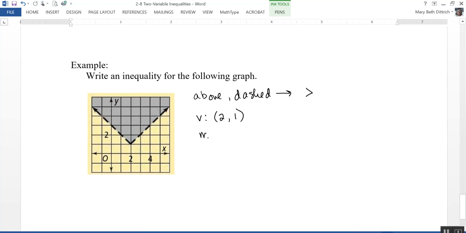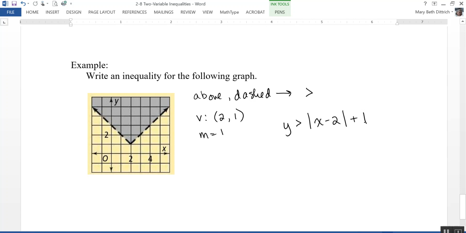And it looks like the slope of the right-hand side appears to be 1, so that's good, so I don't have an a. So my inequality is going to be y is greater than the absolute value of x minus 2, because remember it's minus h, plus 1. And that's the inequality for that graph.